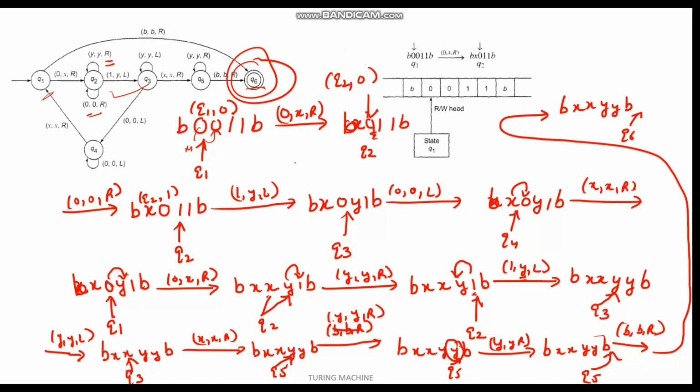Now suppose we have followed all the functions, but the machine halts in between, like over here, and we have not reached the final state, then we will declare that the string is not accepted. But in this example, starting from the initial state, we have reached the final state, the string has been completely traversed, so we can say this string is accepted by the given Turing machine. So I hope the example is clear.